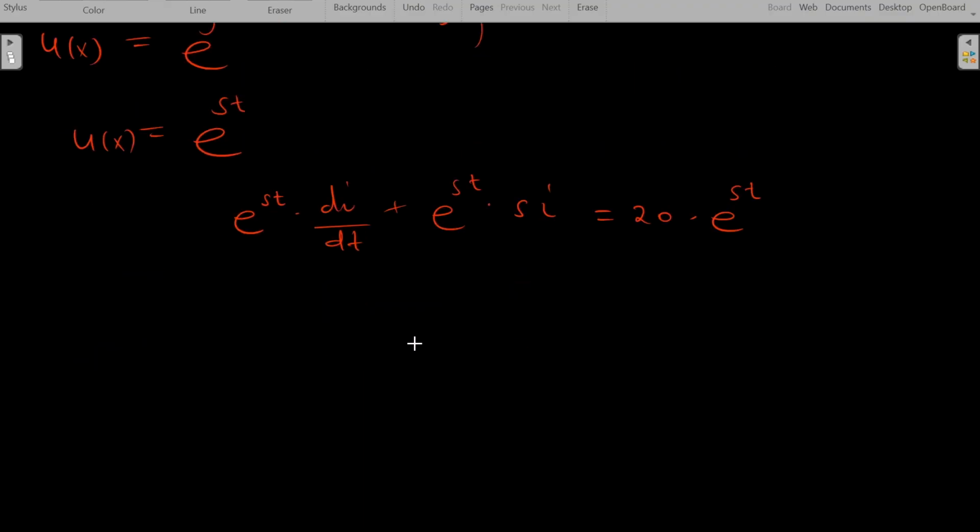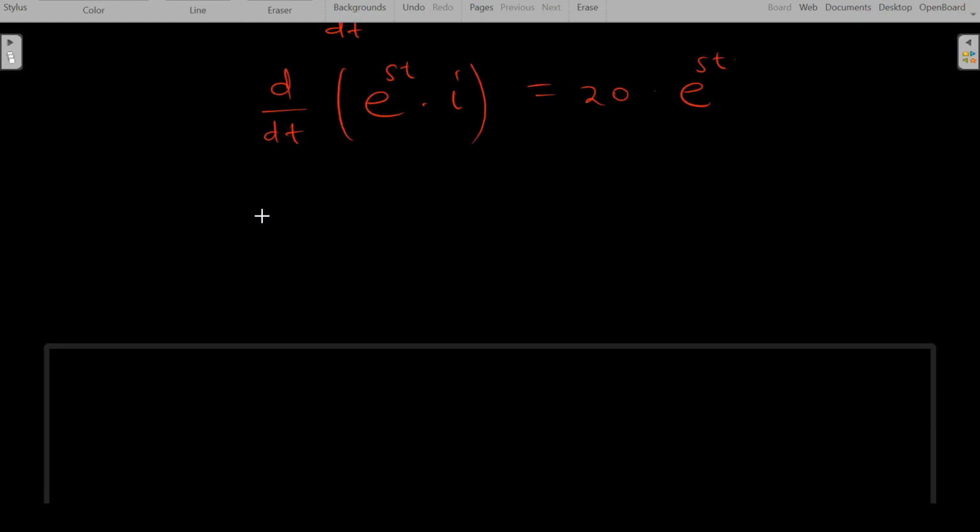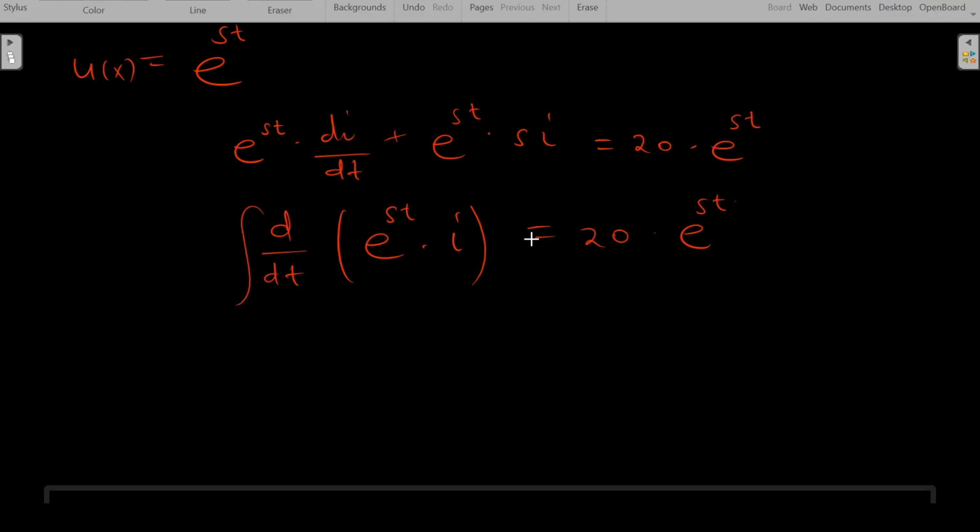As you can see, this is just the product rule, so I can write d/dt of e raised to 5t multiplied by i equals 20 multiplied by e raised to 5t. At this point, let's take the integral of both sides to get our answer.